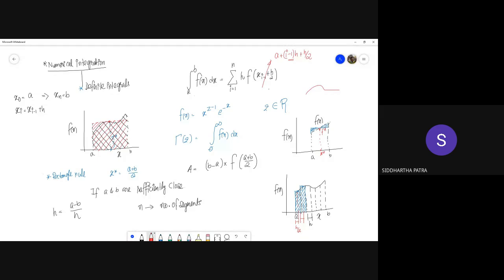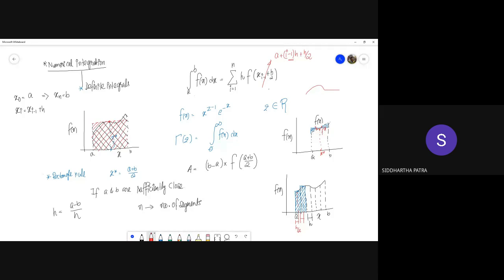If it is a perfect straight line in any rectangular segment, then the rectangle evaluates the exact integration, because as we argued earlier, these two triangles are exact because these two heights are the same, and also this angle is the same. So these two angles being the same and these two lengths being the same ensure that you have identical areas for these triangles.